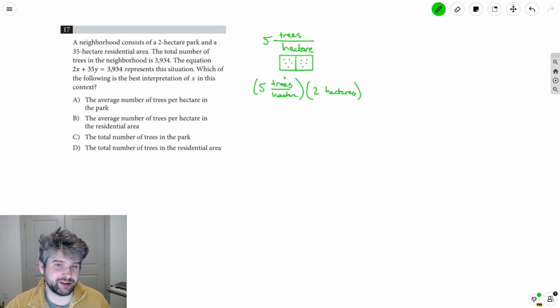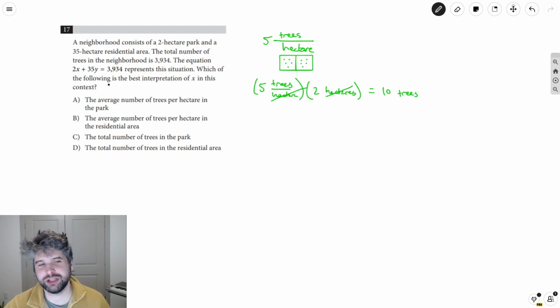The denominator of this rate is going to cancel out with hectares over here, and you're left with the unit trees. So when you multiply this out, you get 10 trees. And that makes sense because we've got 2 hectares, 5 trees per hectare, and so 10 trees total.